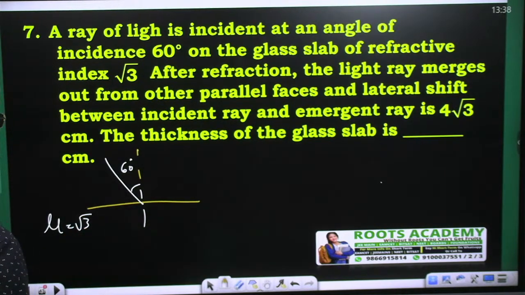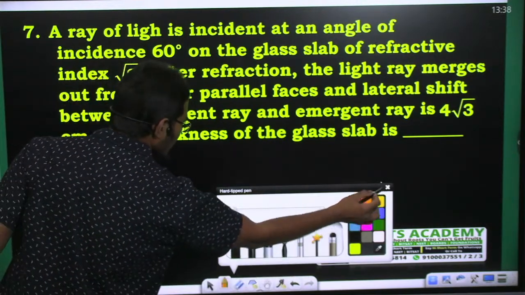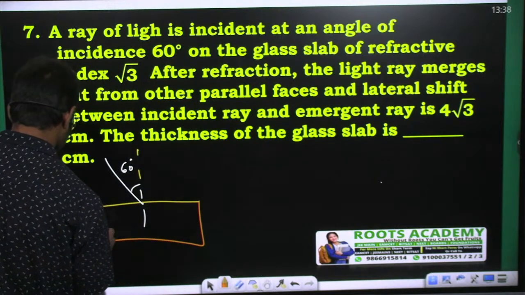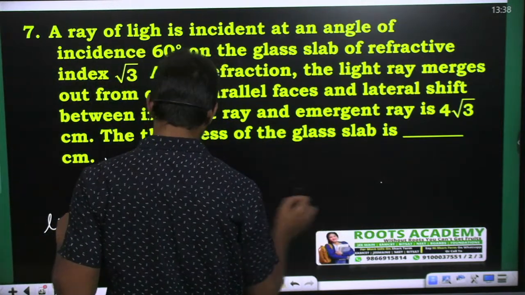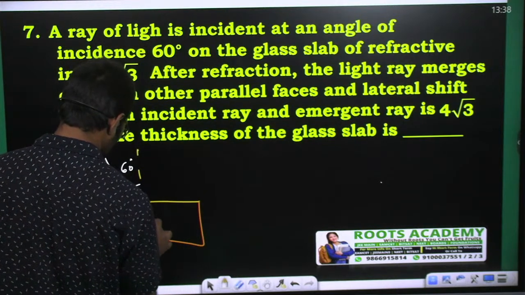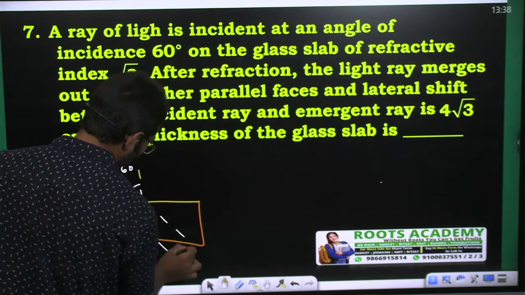After refraction, the light ray emerges from the other parallel face, and the lateral shift between the incident and emergent ray is given as 4√3.